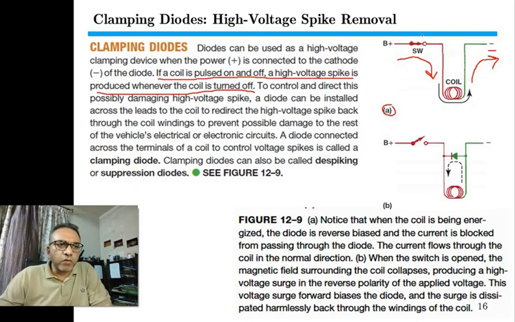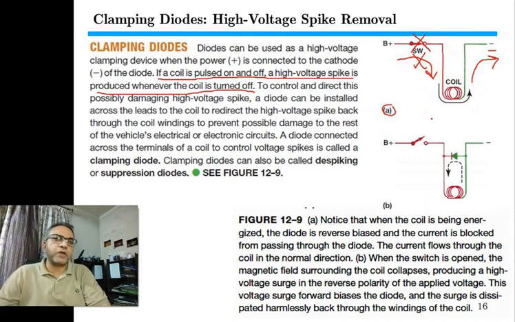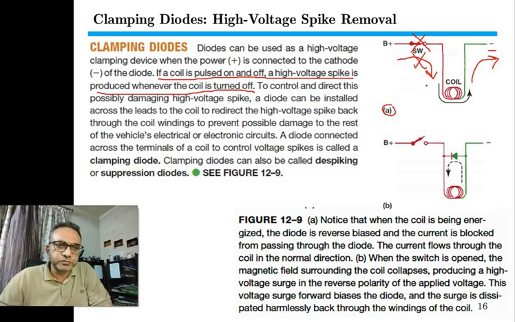Now, what will happen when we open the switch? The current coming from the battery will be finished. But due to the property of the inductor, since there was current in the inductor, it will not allow the current to come to 0 ampere instantaneously.